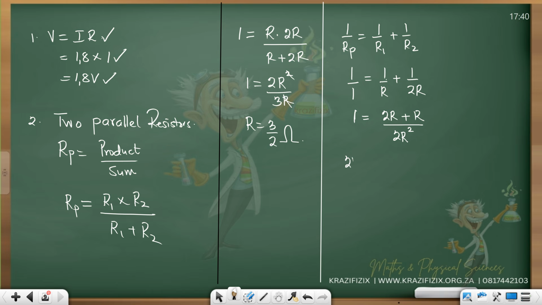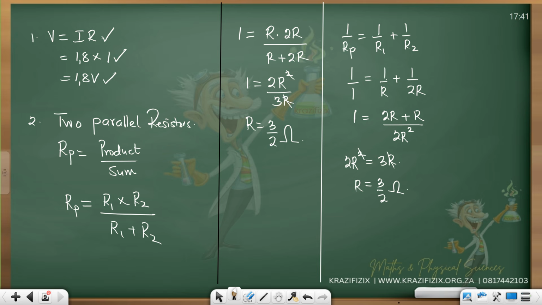Cross multiply. 2R squared equals 3R. What is R? Baby steps. Question, please. Somebody.